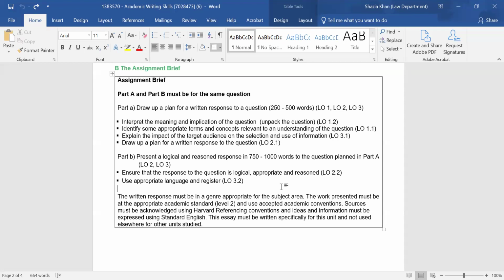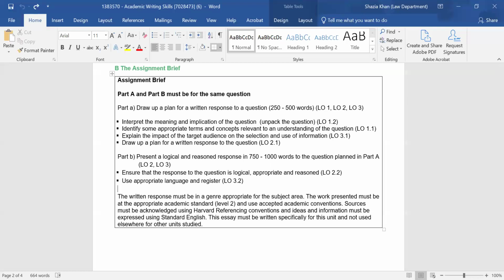When you're referencing in the reference page at the back, make sure you are using the full references. And make sure you are using the Harvard referencing system, because that's the one that UK has to use.